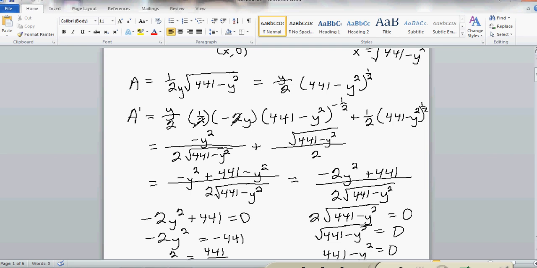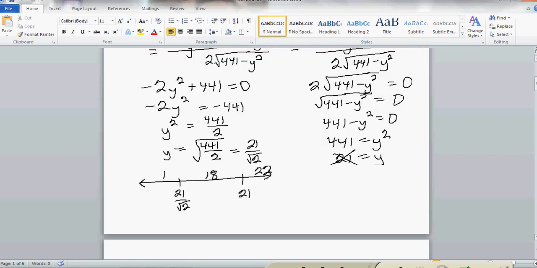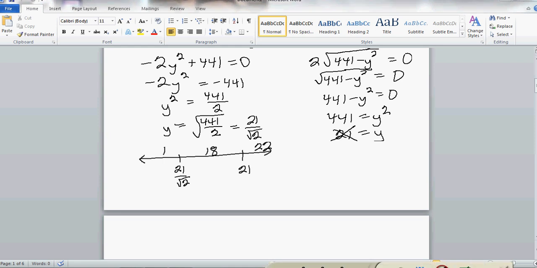Well, negative 22 would force this to go into imaginary numbers. So that's not even a possible answer for that one. So what we know is that at 1 it's increasing, and at 18 it's decreasing, and this one doesn't really apply because it's out of the domain.